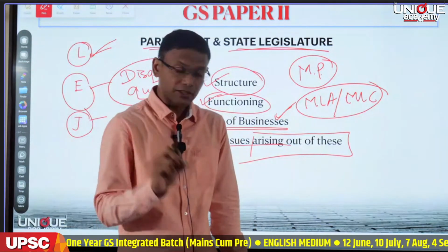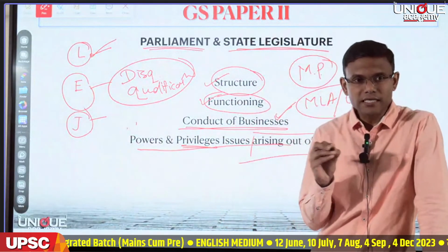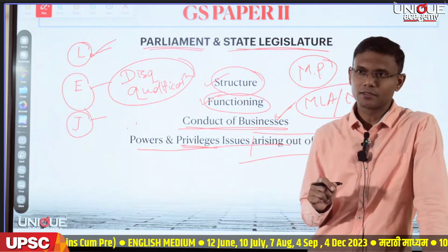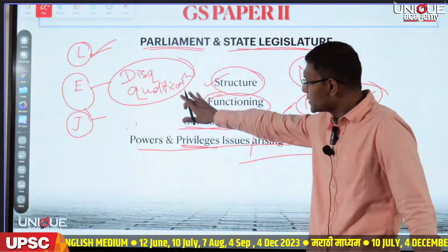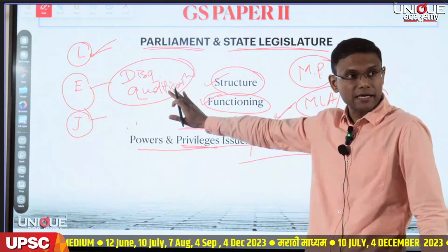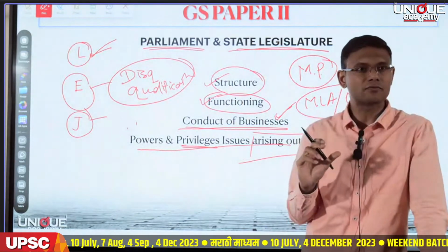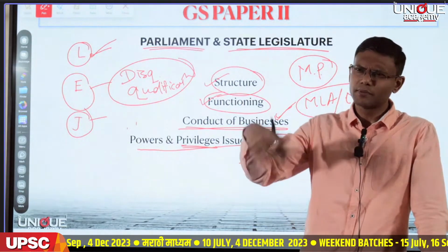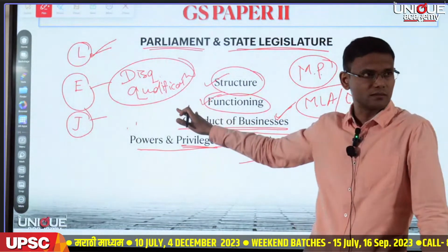There was an issue in newspaper which talked about disqualification on the grounds of defamation, right? And that has been discussed at length. Now, if you know that these disqualification and qualifications is part and parcel of our syllabus, you will read immediately that particular article from newspaper and just jot down notes if you can. If you cannot, no problem. Later on also you can think of doing that. But you must know what is the syllabus, right?